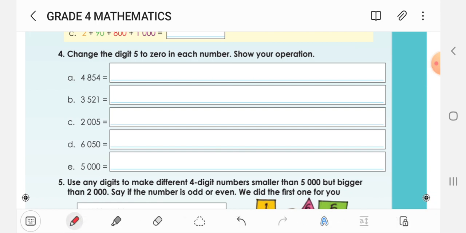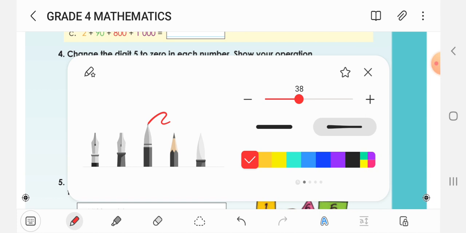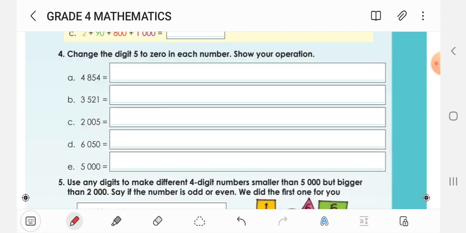So let's look at this one. Number 4 says change the digit 5 to 0 in each number and show your operation. So wherever you see 5 in the number, you turn the 5 into 0. Okay, so let's look at number 1. We have 4,854.